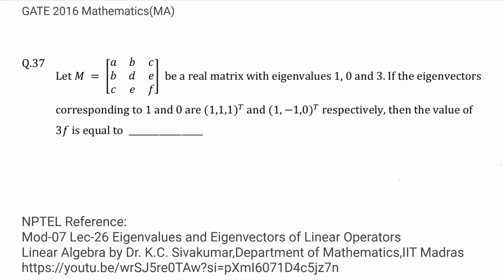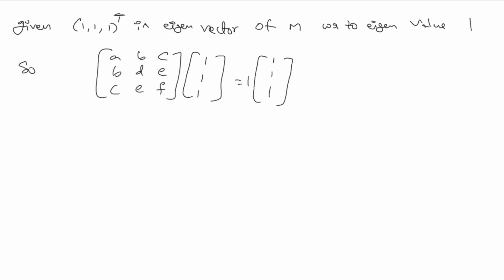By solving this matrix multiplication we get A plus B plus C equal to 1, B plus D plus E equal to 1, and C plus E plus F equal to 1.